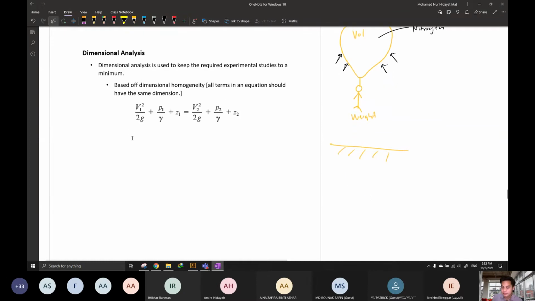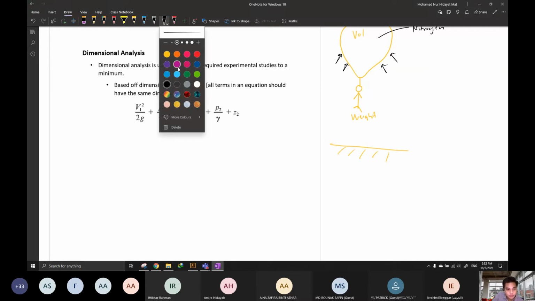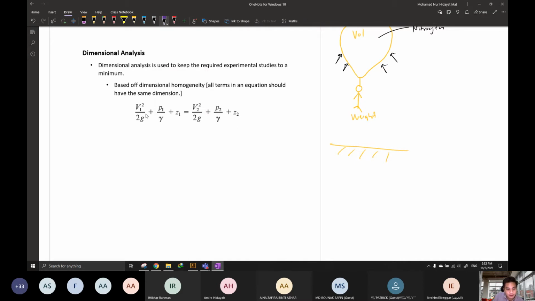The dimensions are M, mass, L, length, and T, time. All that we call dimensions. So what it means here, let me explain to you.